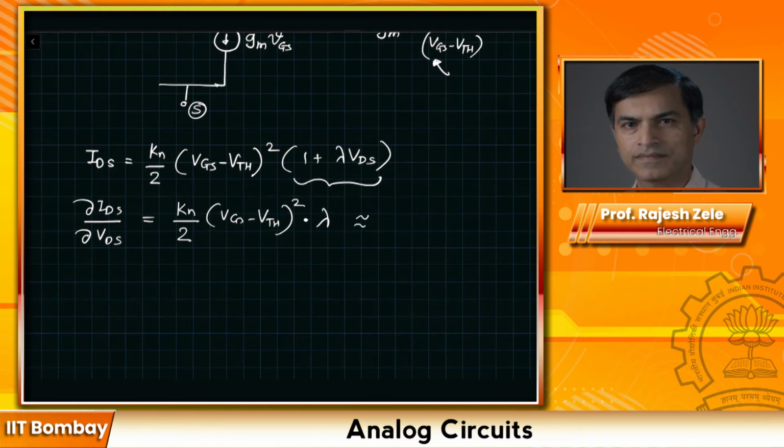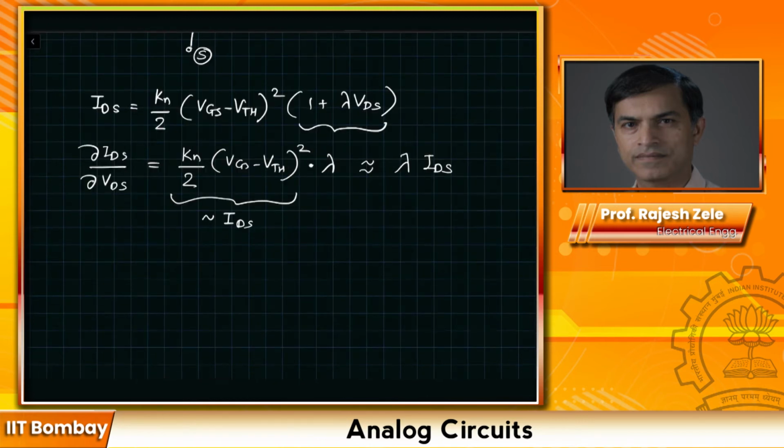So we say that this is approximately equal to lambda times IDS, since this part is almost the same as the large signal IDS value.